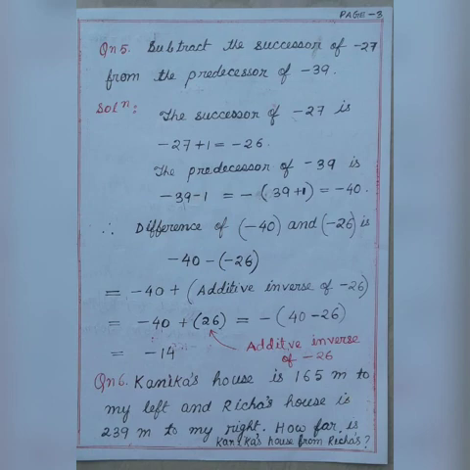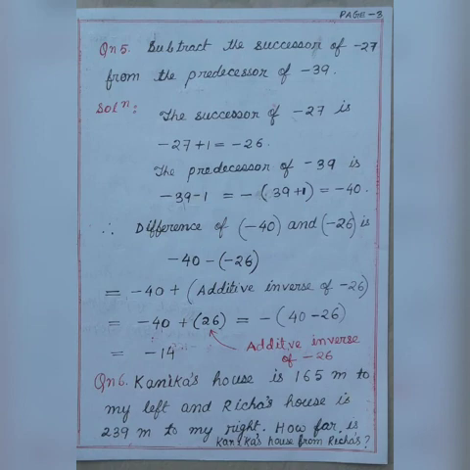So here the given number is minus 39. To get the predecessor, we have to subtract 1 from minus 39. So the predecessor of minus 39 is minus 39 minus 1, which is equal to minus 40.